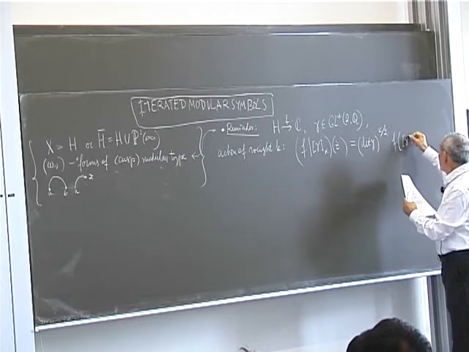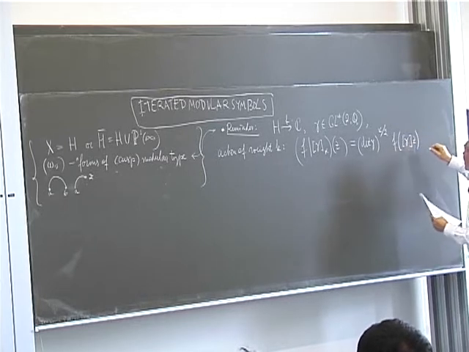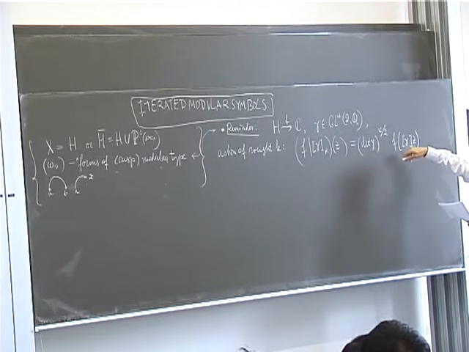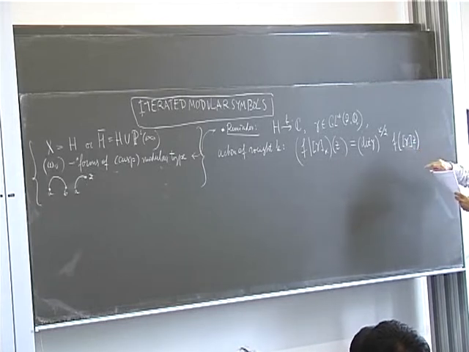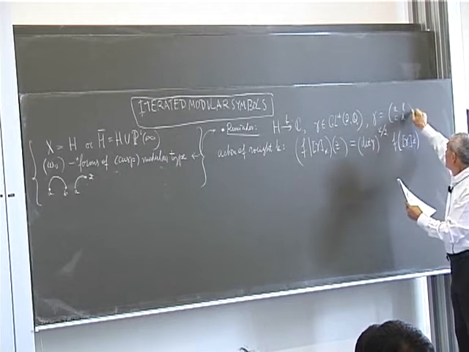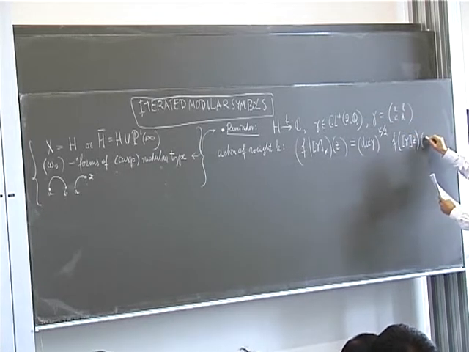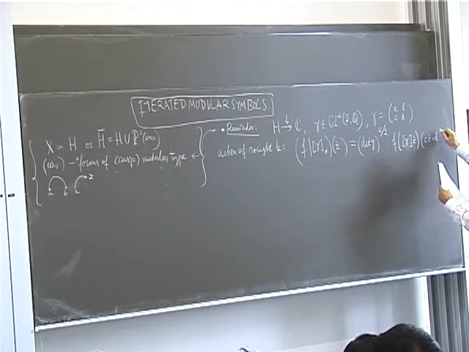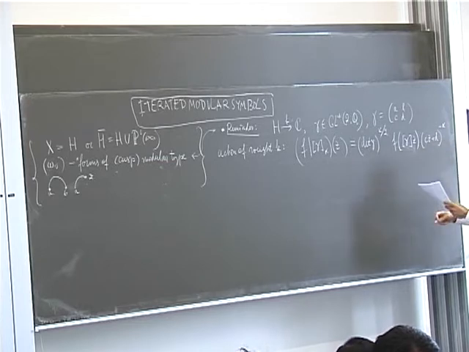Then you will apply the fractional linear transform to z corresponding to this matrix. And then we'll take the denominator and produce this expression.